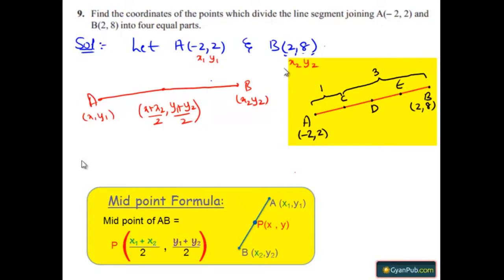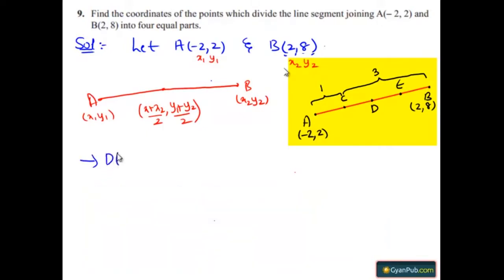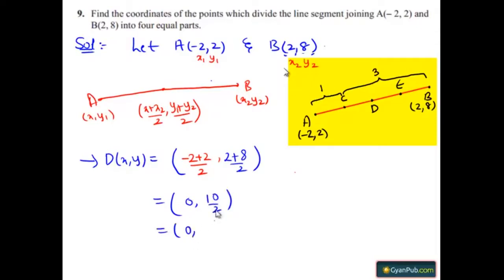So the coordinates of the point D will be D x, y equals minus 2 plus 2 whole divided by 2, 2 plus 8 whole divided by 2. That equals minus 2 plus 2 is 0, 0 divided by 2 is 0, 2 plus 8 is 10, 10 divided by 2. That equals 0, 2 goes in 10 5 times. Hence, the coordinates of the point D are 0, 5.